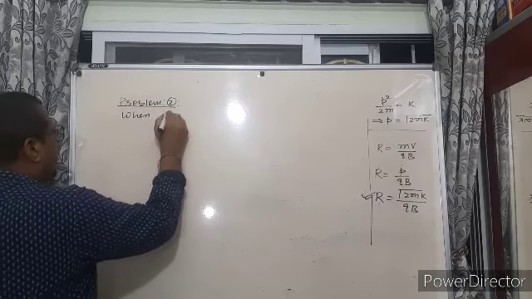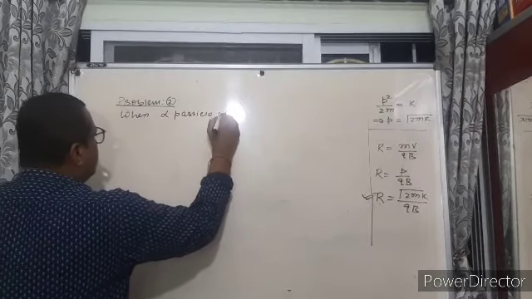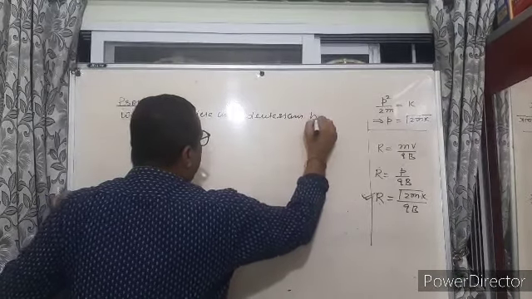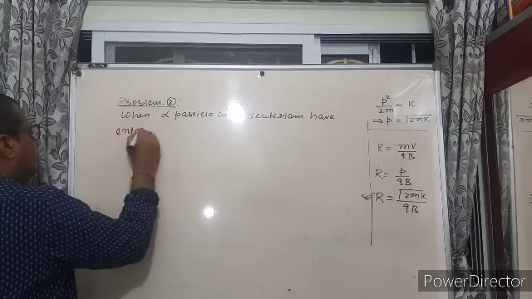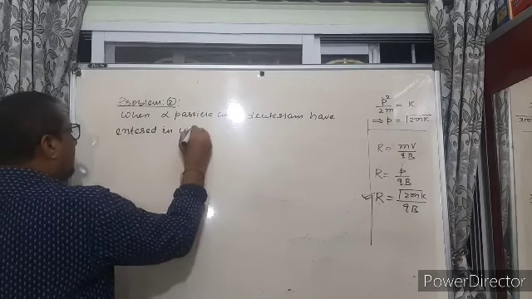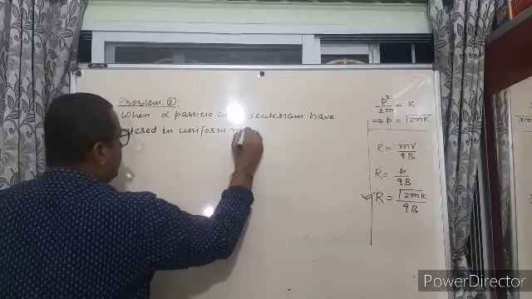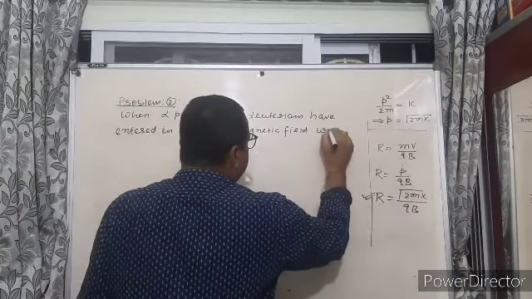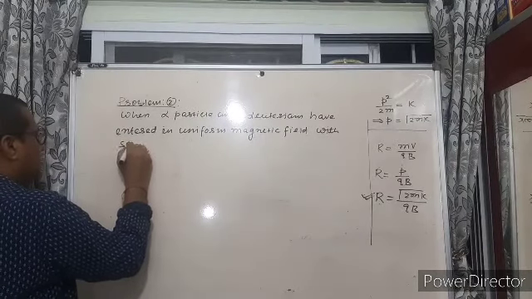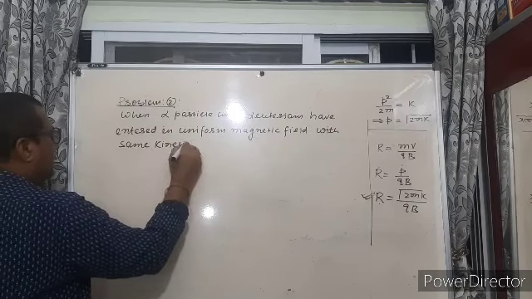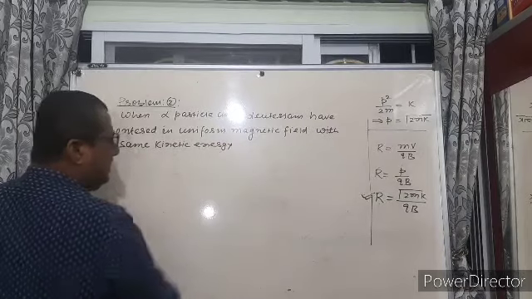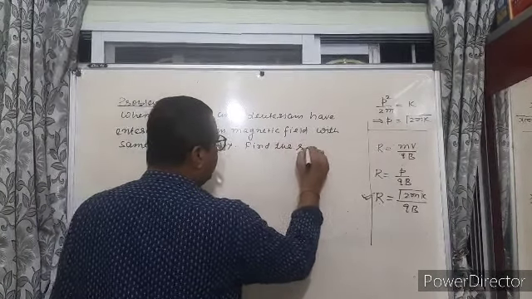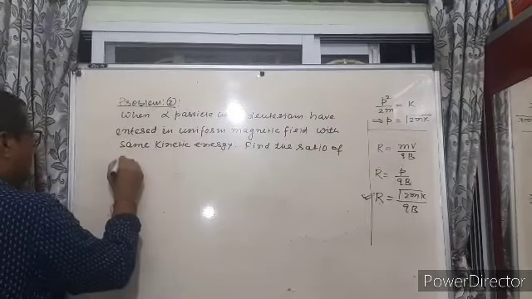An alpha particle and deuterium have entered a uniform magnetic field B with the same kinetic energy. Find the ratio of their trajectories.